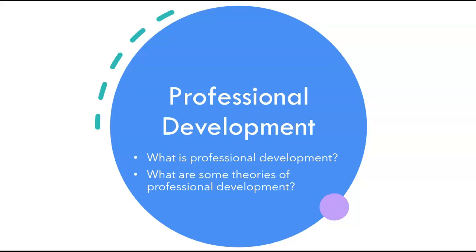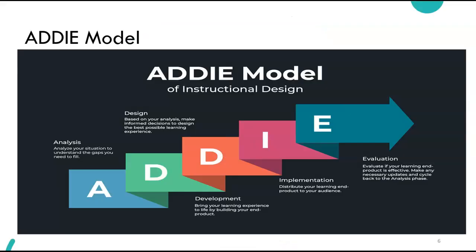Now, the theories of professional development, like I said, we're going to speak about are the ADDIE model and the Kirkpatrick model. So the ADDIE model is a generic process traditionally used by instructional designers and training developers. There are 5 phases, which are right here on this chart or image graphic.